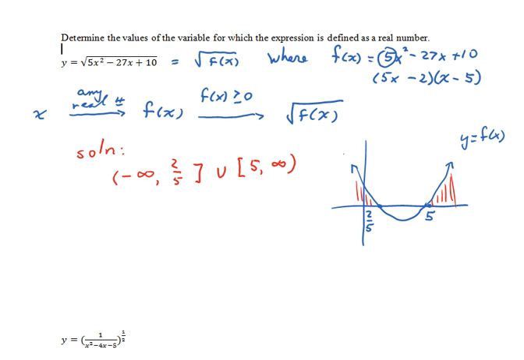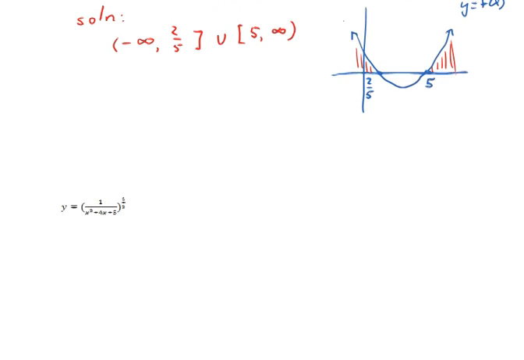So let's look at the other example. Here we have the reciprocal of x squared minus 4x minus 5 to the 1/2 power. And remember that the 1/2 power is the same as the square root.